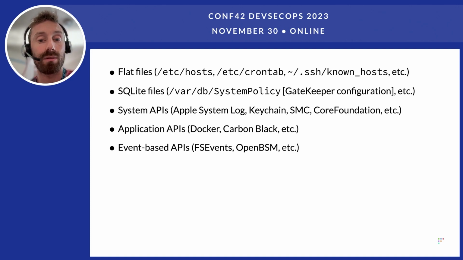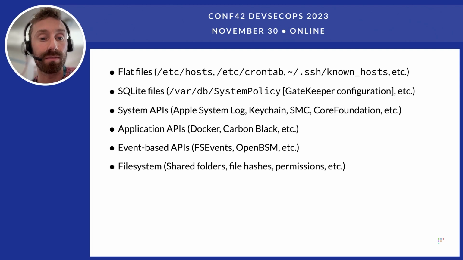Then we have access to event-based APIs that expose lots of information, such as FS events, which can be used for file integrity monitoring purposes, the BPF subsystem on Linux and the older audit subsystem, Windows events, and other systems like that on Windows.